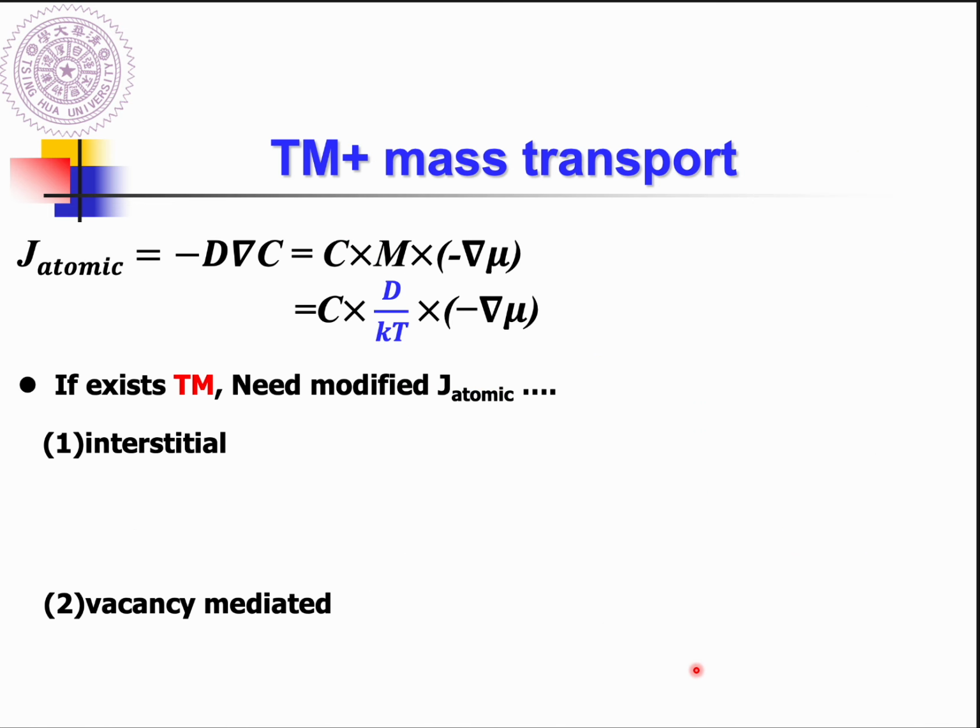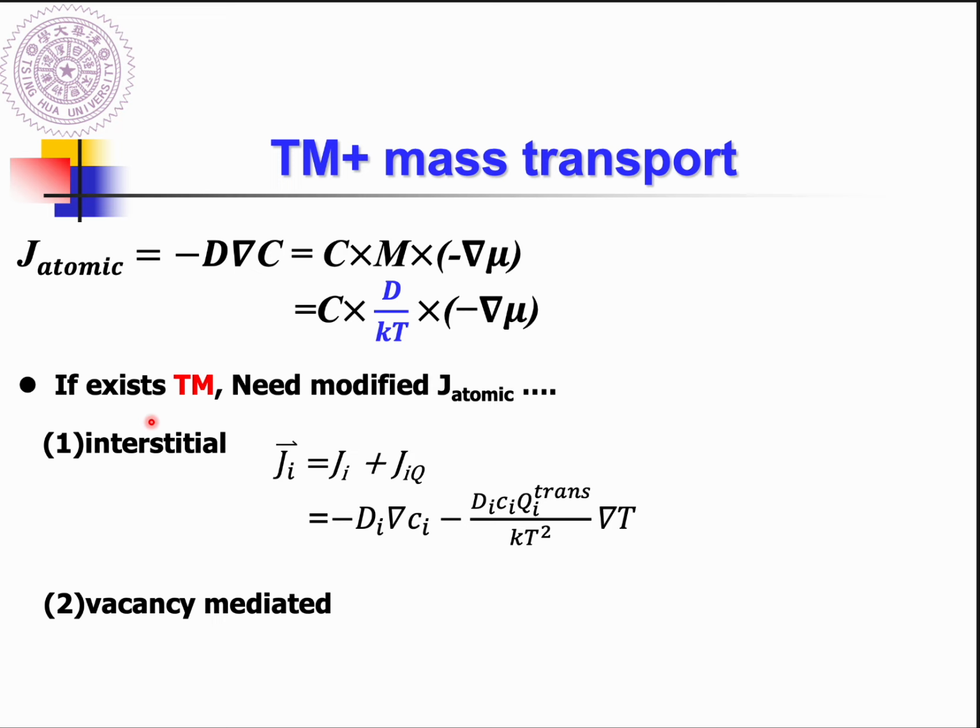Okay. So I'm going to give you a quick summary for the TM, thermal migration. If there exists a thermal migration, we need to modify the atomic flux by what? Depending on what types of material we discuss. If it is a doped material, that means the dopant at the interstitial site.